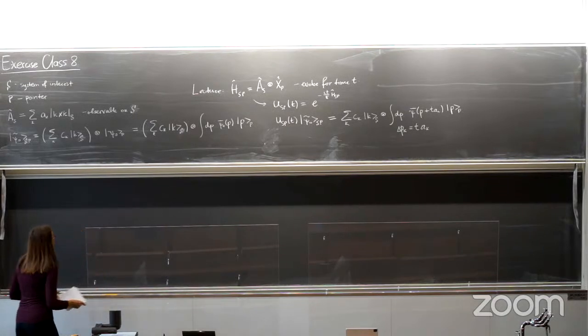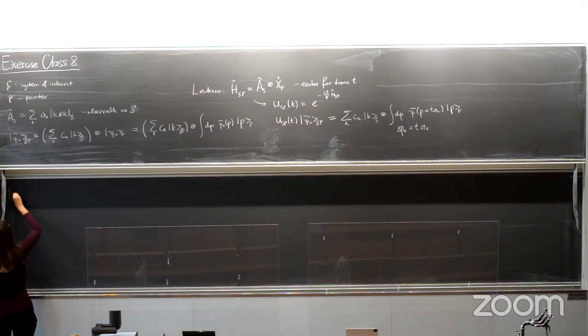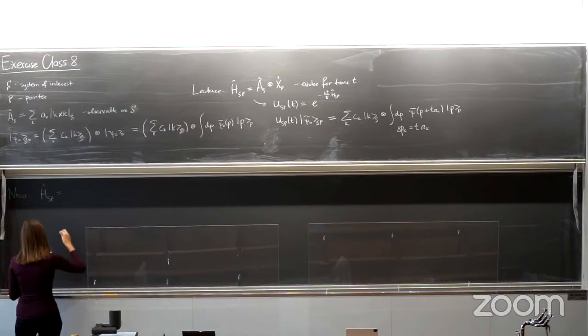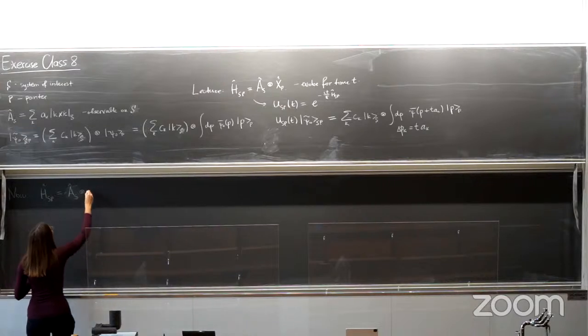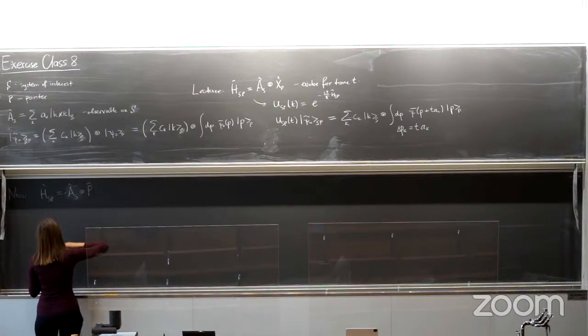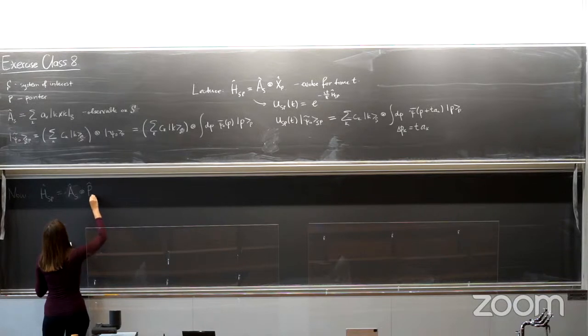Now, we consider the Hamiltonian H_SP, which will be A on the system S, tensor product of momentum on the pointer.